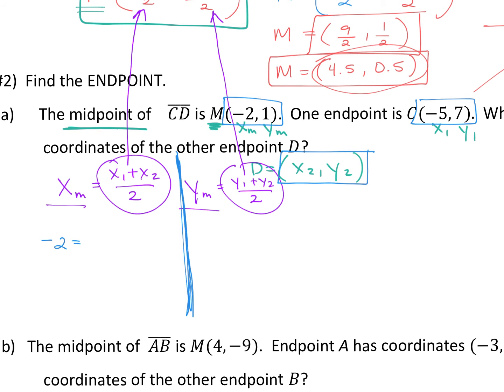My x1 is what? -5. What's my x2? We don't know it, right? It's right here. It's the unknown. So that's going to be your variable, x sub 2 over 2. How do I solve that for x sub 2?